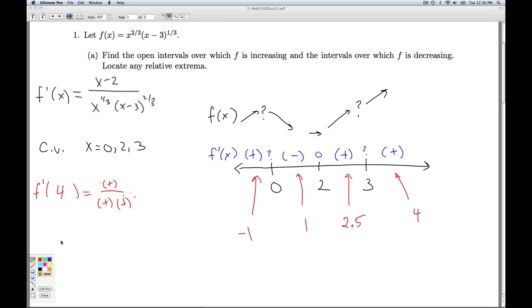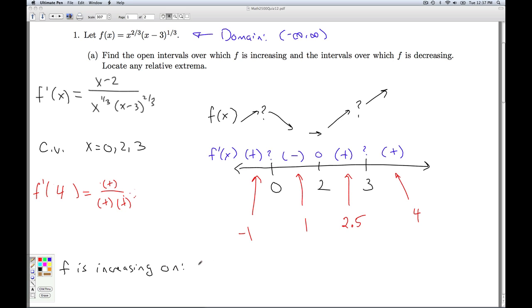Now I look back at my original function f. And my domain here for the original function is all real numbers. So what's happening, even though the derivative doesn't exist at 0 and 3, the function is defined there. So I look at what's happening. And I would say that f is increasing on which intervals?